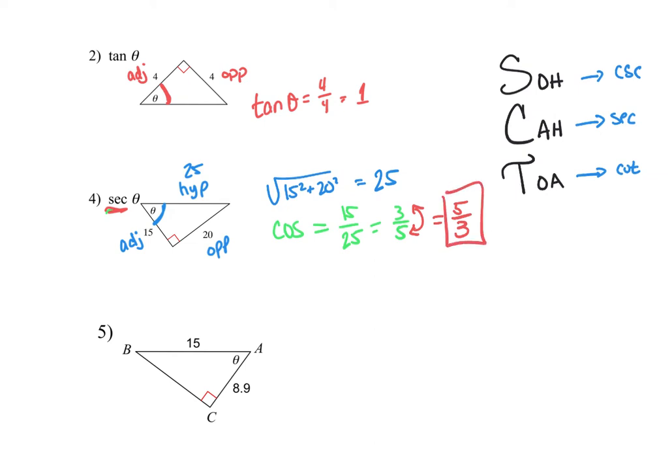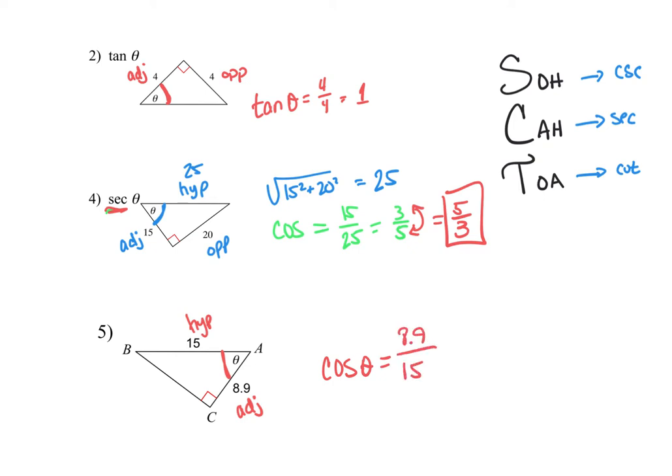Number 5 wants us to find the angle. Once again, we ask which two sides do we have. If I'm talking about this angle, this guy is adjacent because it's touching the angle. This is hypotenuse because it is across from the right angle. Which one deals with adjacent and hypotenuse? Cosine does. So the cosine of theta should equal adjacent over hypotenuse.